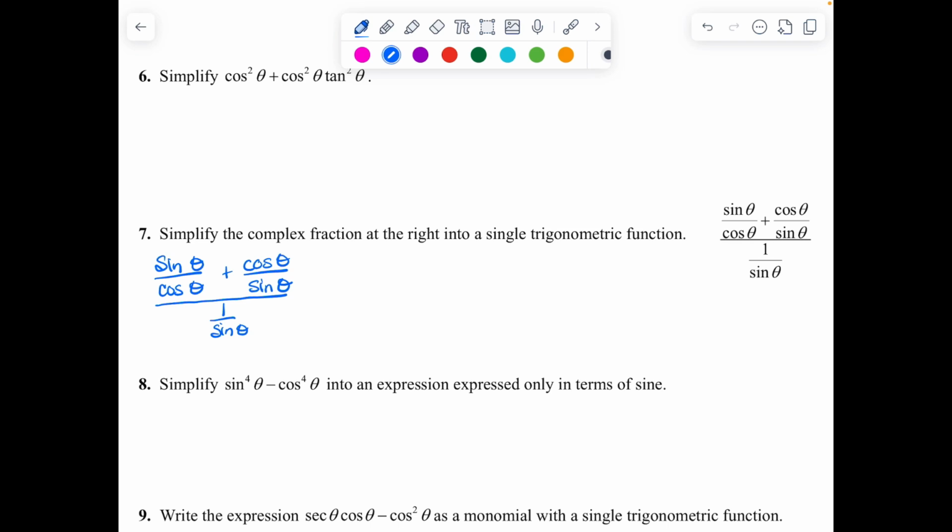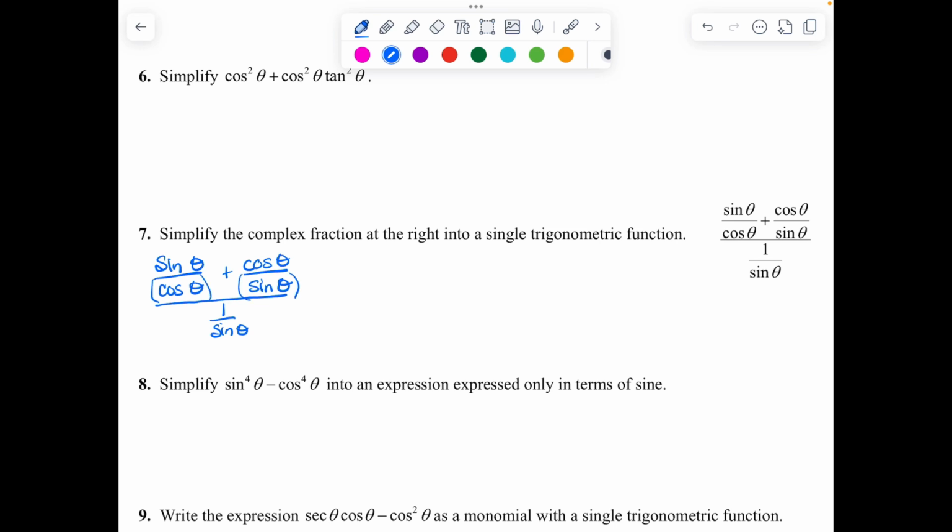If we think about what's happening here, these are being added, and when we add fractions with like denominators, great, but these are not like. One's cosine and one's sine. So we need to change those by multiplying to get common denominators. We can multiply this whole top piece and get common denominators by multiplying by cosine and by sine.